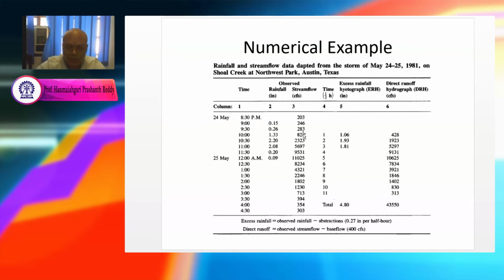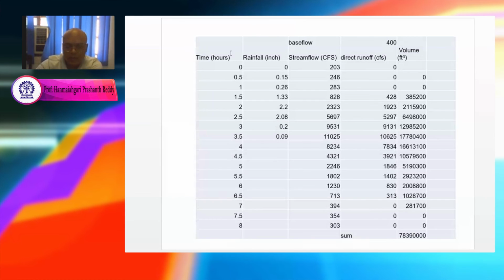So this third column is the streamflow measured. Here this is the Excel table, time in hours 0, 0.5, 1, 1.5, etc. Then rainfall is given: up to 0.5 hour, rainfall is 0.15 inch, then 0.5 to 1 hour, rainfall is 0.26 inch, and so on. Then the streamflow measured is given.